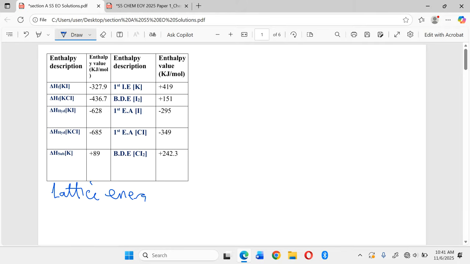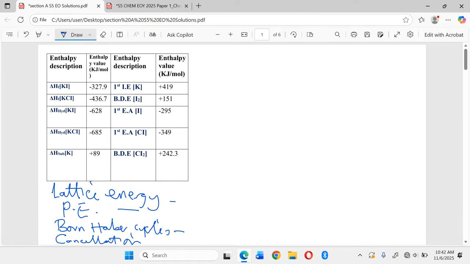We have the potential energy diagrams. We have the Born-Haber cycles. We can also use the cancellation method, where we will use the thermodynamic equations. So you have all the three methods.